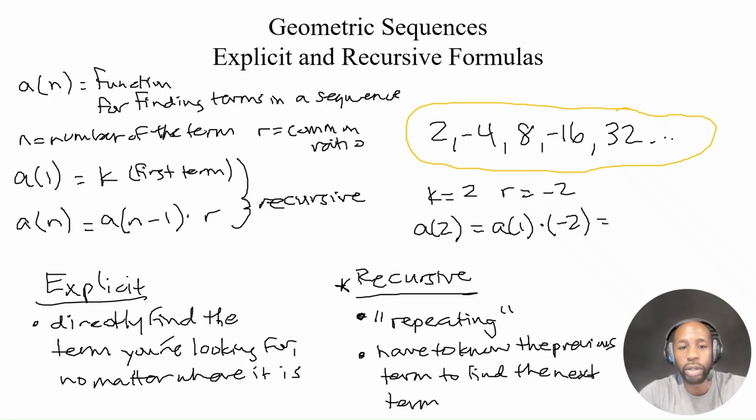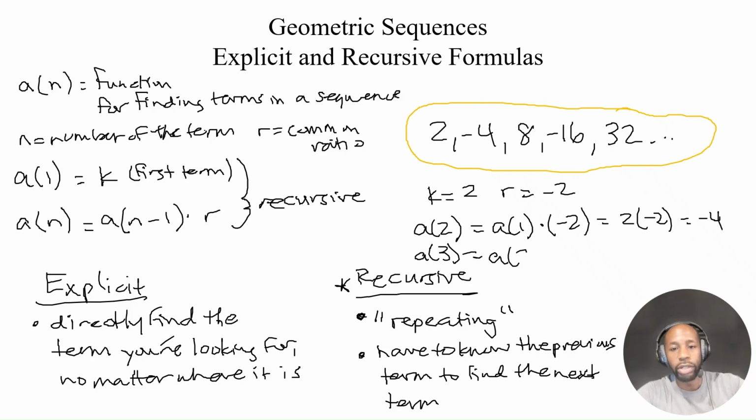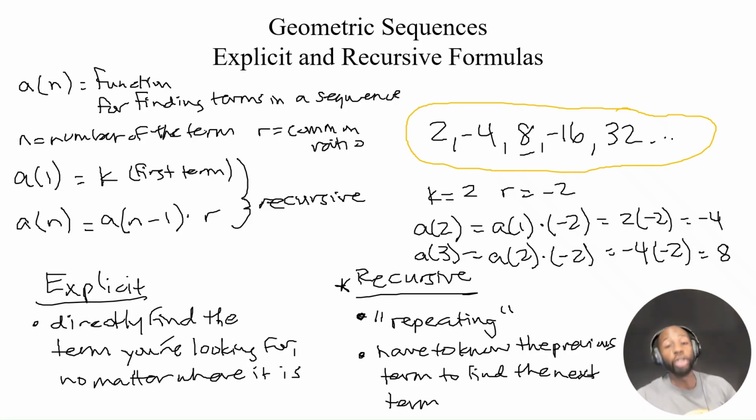That's your first term, which is 2, times negative 2, which is negative 4. If we want to find a of 3, that's equal to a of 2 times negative 2, or negative 4 times negative 2, which is positive 8. So you see how it's recursive in that you have to keep on using it to get to whatever term you want.